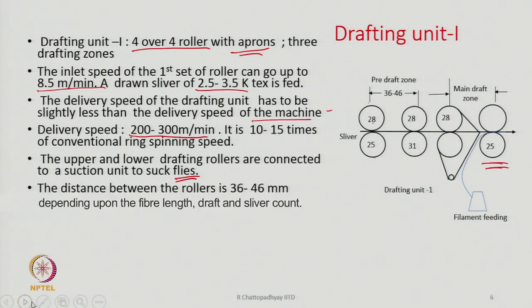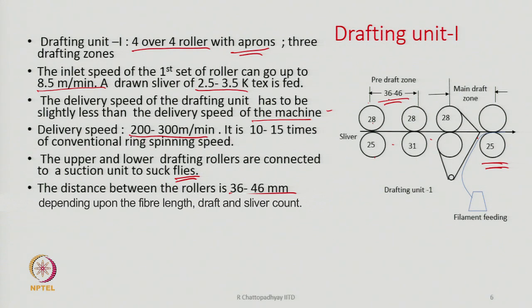The distance between the rollers, typical distance is shown here. The distance will depend upon the fiber length that we are going to process, and the setting and draft combination, which have already been told in some other classes. So, the setting parameters and the exact draft distributions all depend upon the type of fiber we are going to process.